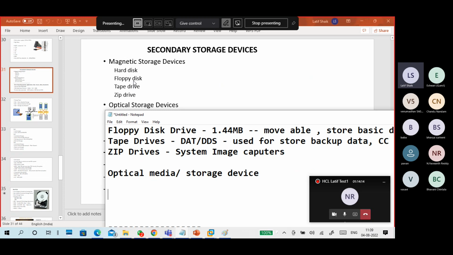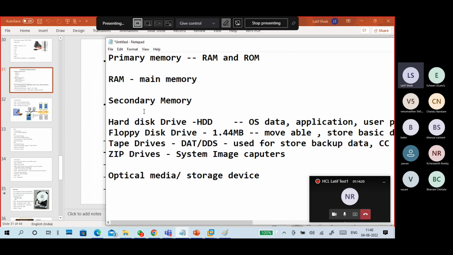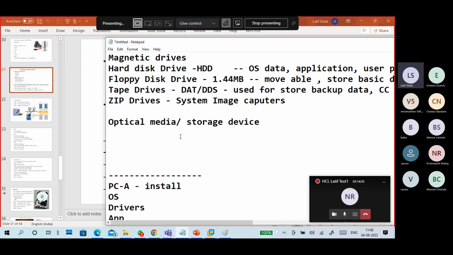Floppy disks, tape drives, and zip drives are all magnetic based only. Then there are optical storage devices like a CD-ROM.